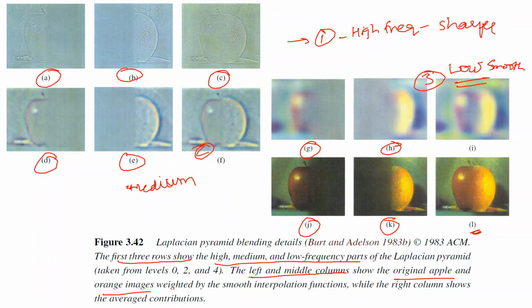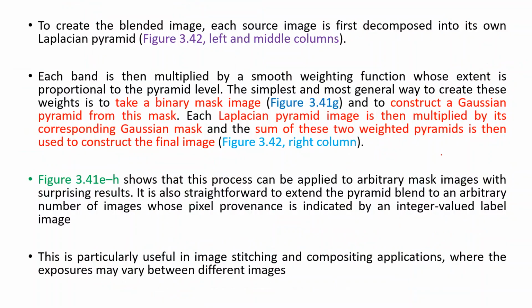The last column on the right represents the combination of both apple and orange, that is the blended images in high frequency, low frequency, and moderate frequency. So the final result is displayed here. This is a major application of wavelet and Laplacian pyramid. That is what was mentioned here.